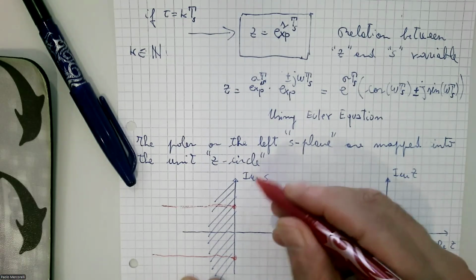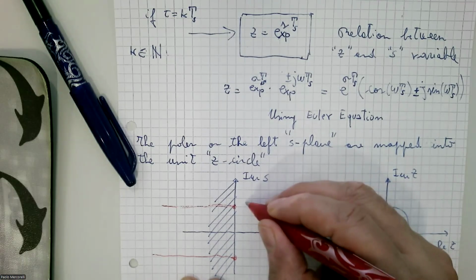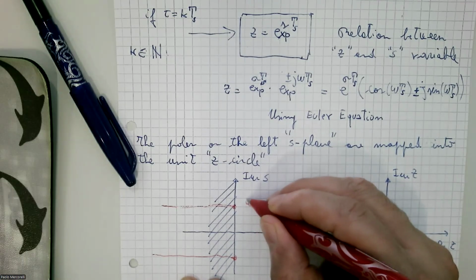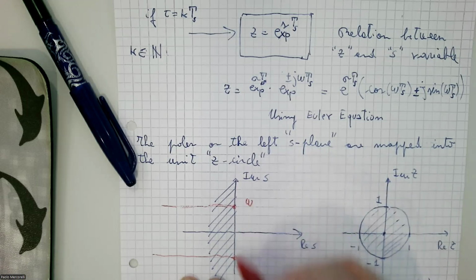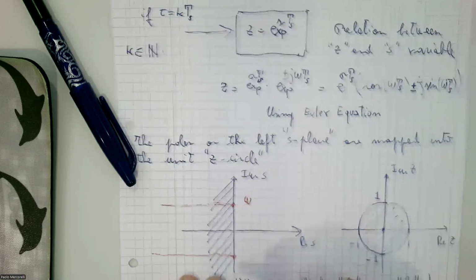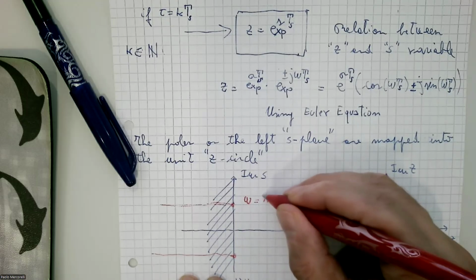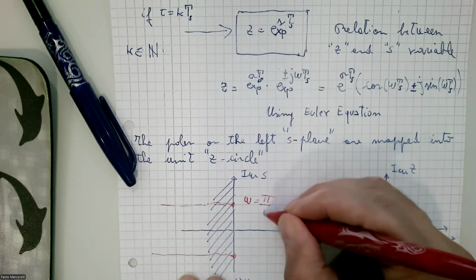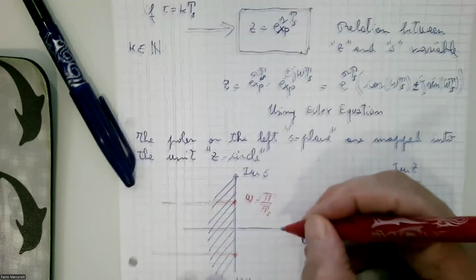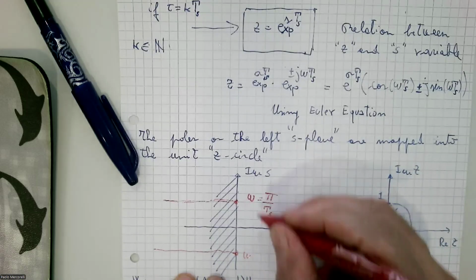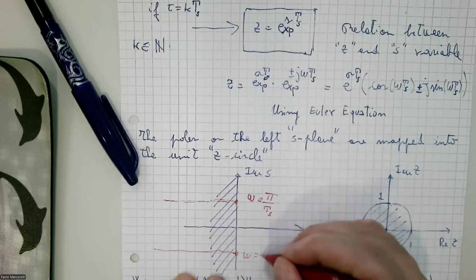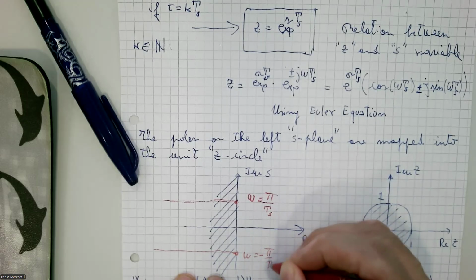This means here is omega, because on the real axis we have just omega. I don't know if you remember in math. No? As I told you, pi divided by Ts, or omega equals minus pi divided by Ts.